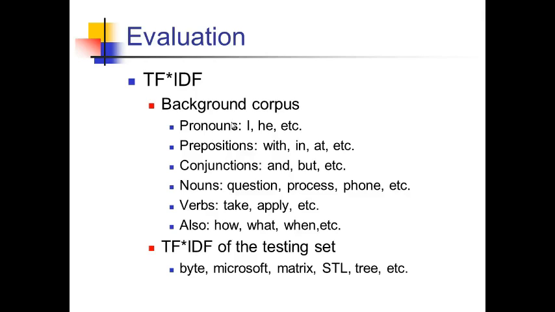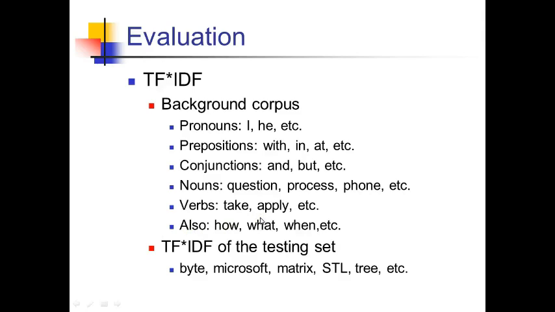For TF times IDF, the background corpus I used include all these pronouns, prepositions, conjunctions, nouns like questions, process that are very common in the interview reviews, and verbs like take and apply.